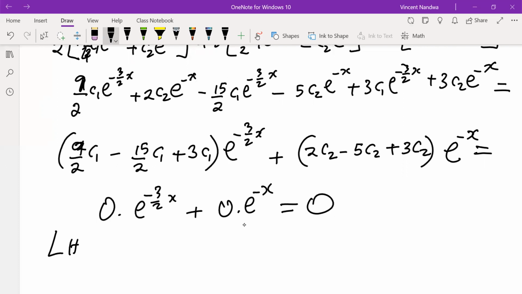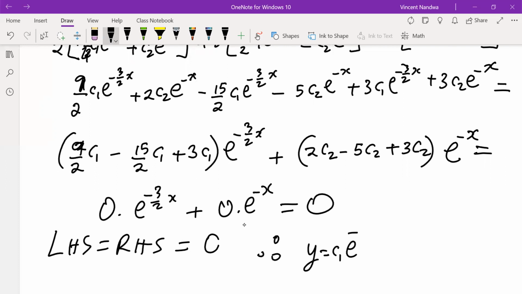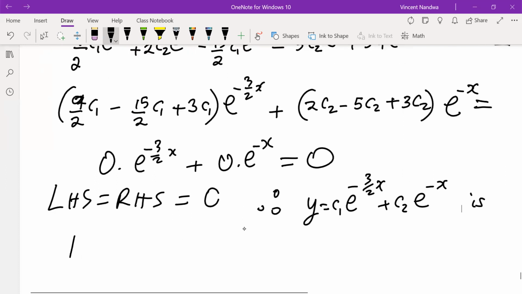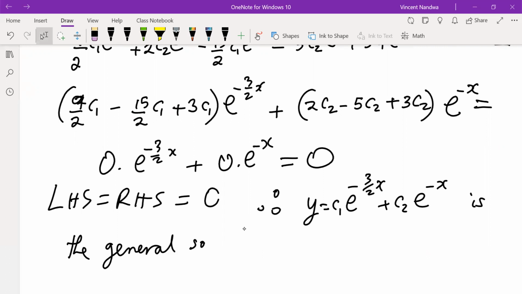So left hand side equals right hand side equals 0. Therefore, y equals c1 e^(-3/2 x) plus c2 e^(-x) is a general solution of the equation given. So that's how we confirm that that is the solution.